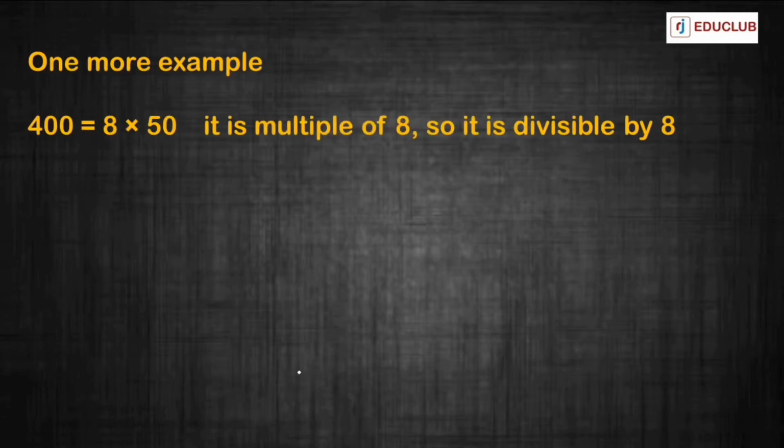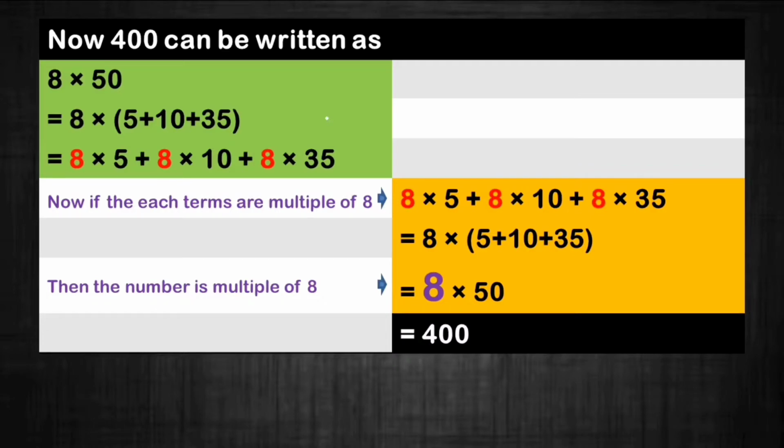Now, let us take one more example, 400. 400 is equal to 8 into 50. It is a multiple of 8, so it is divisible by 8. Now, let us separate 50 into 3 terms, 5, 10 and 35. So it will become 8 into 5, 8 into 10 and 8 into 35. These are the 3 terms and all are multiples of 8. Now we take 8 common, it will become 8 into (5 plus 10 plus 35), which is 8 into 50.